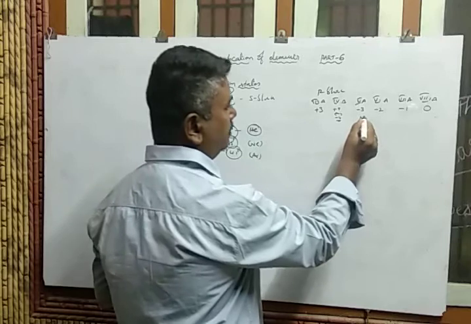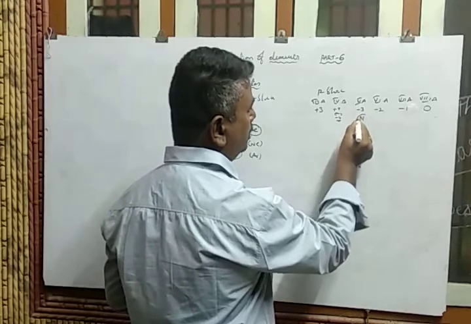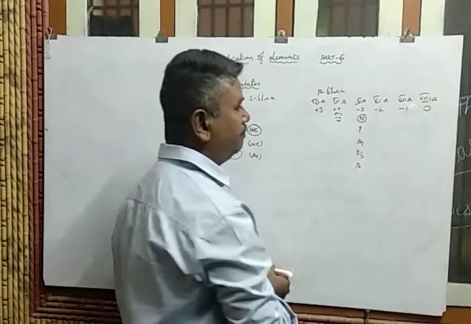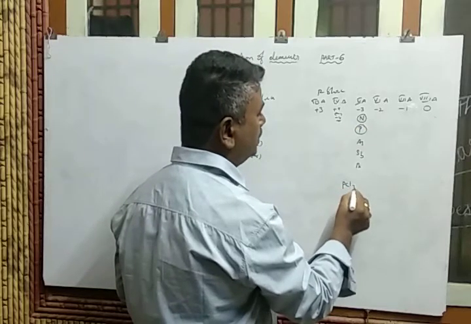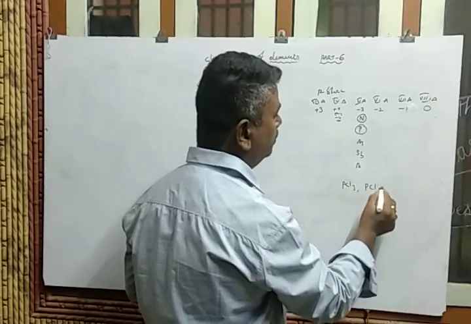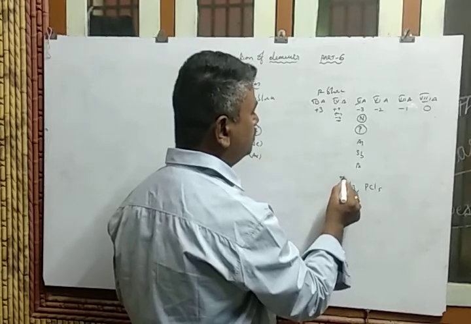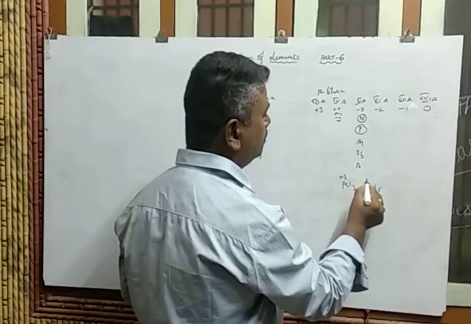Once observed here, what happened? Nitrogen valence is 3 and it shows a negative oxidation state of which one? -3. Whereas phosphorus can form PCl3 and PCl5. Here the oxidation state of phosphorus is +3, and here the oxidation state is +5.